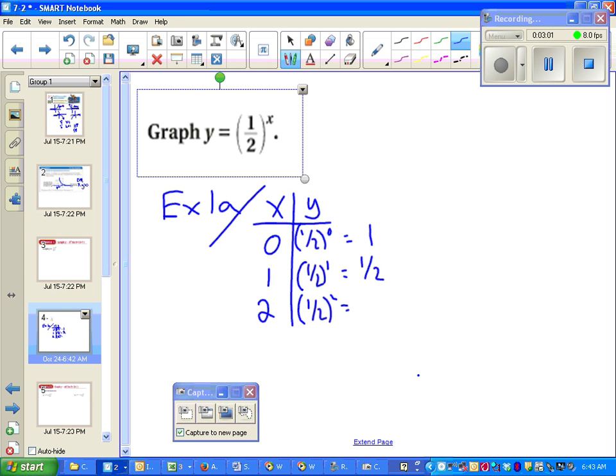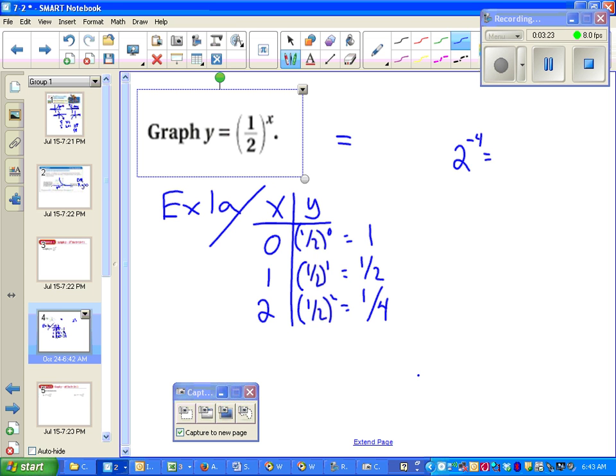So when we do these exponential decay problems, we're going to rewrite this a little bit. You might remember from Algebra 1 that if you're trying to evaluate something like 2 to the negative 4, the way we rewrite that would be 1 over 2 to the 4th.